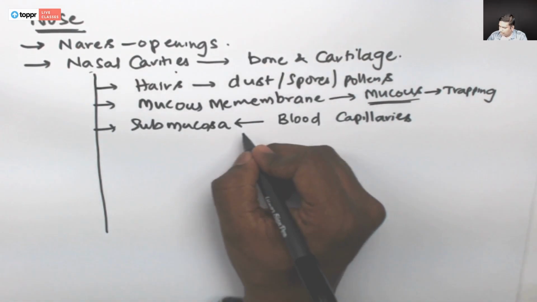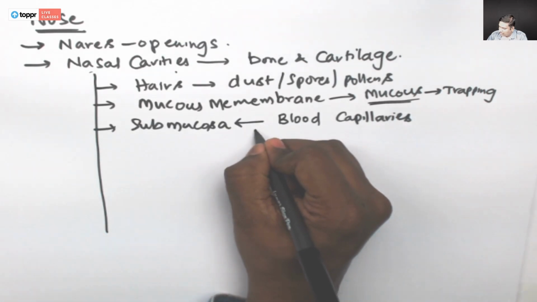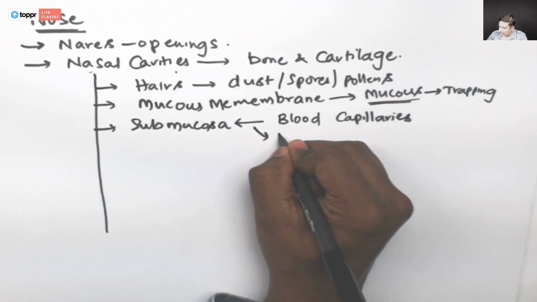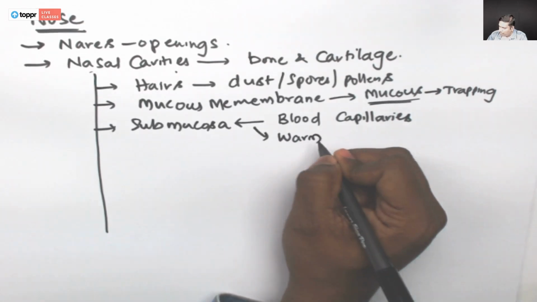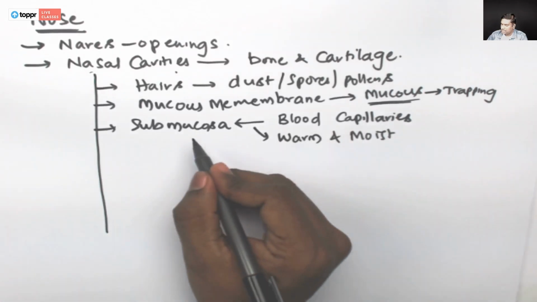Because the submucosa has a constant supply of blood, whatever air you breathe in will be made warm and moist by the blood capillaries present in the submucosa.